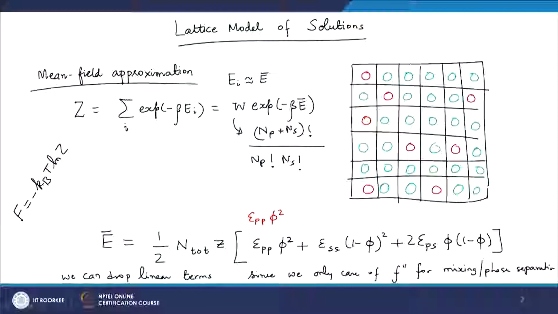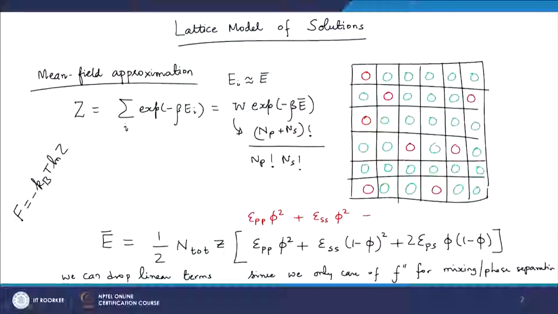In the second term, there is epsilon_ss phi square, and then we have two more terms which are of lower order, they will be ignored. And similarly, in the last term, we have 2 epsilon_ps phi square, and we also have a 2 epsilon_ps phi, which is a linear term, and we can ignore that. So, using this idea, I can get the expression for E bar.